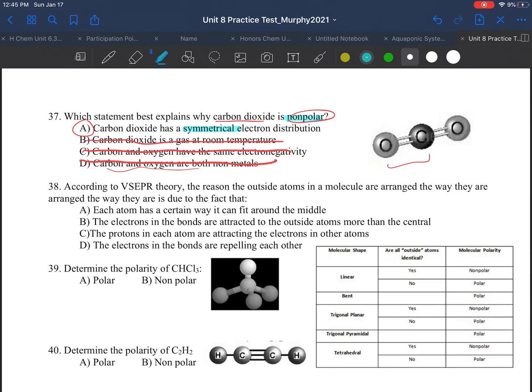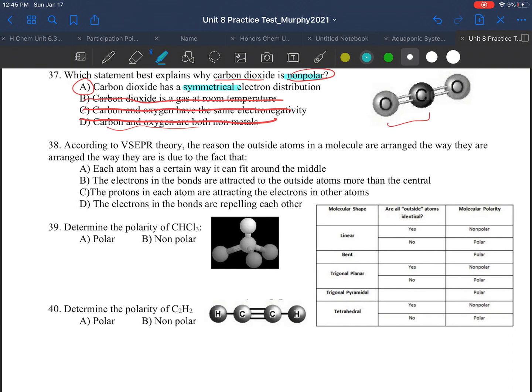According to VSEPR theory, the reason the outside atoms in a molecule are arranged the way they are is due to the fact that, so we have to remember what this stands for, which is valence shell electron pair repulsion, and here's the key word, repulsion.